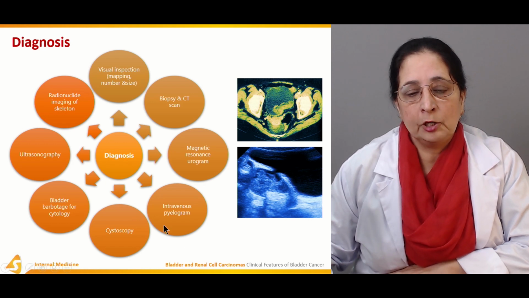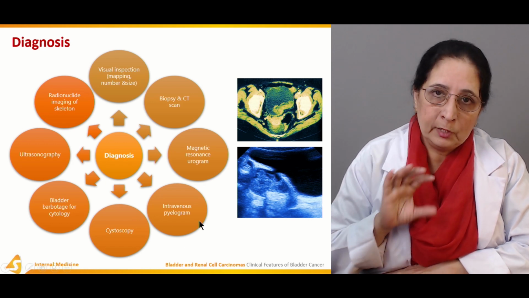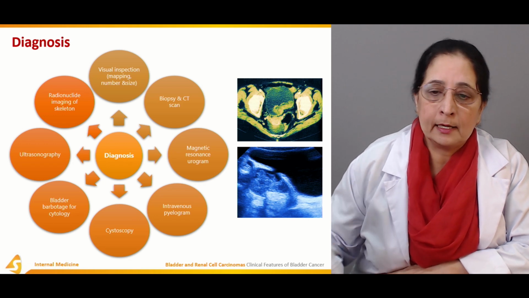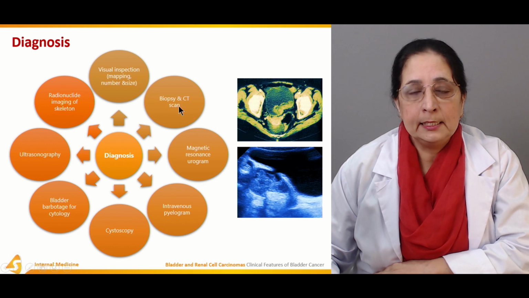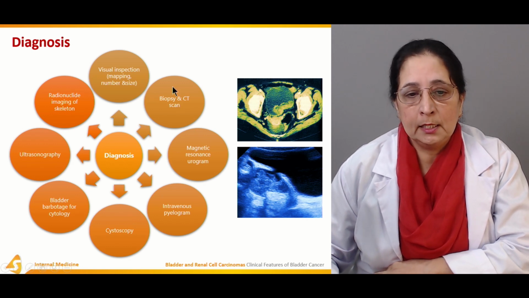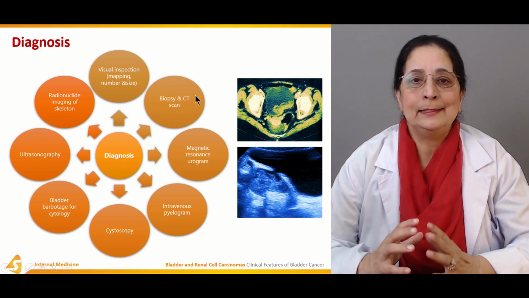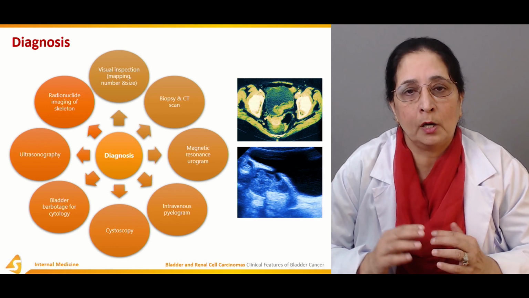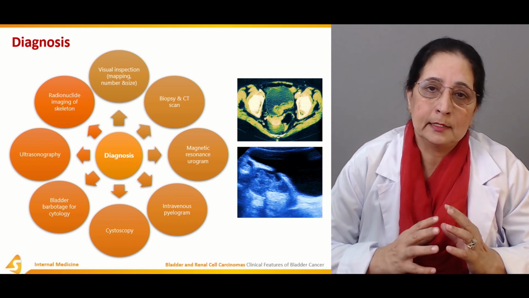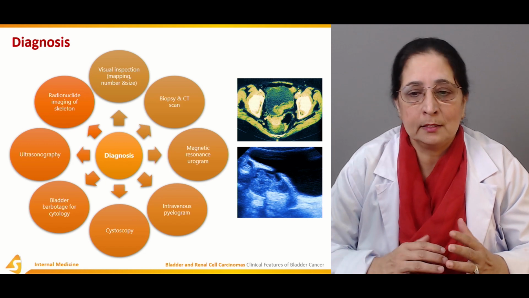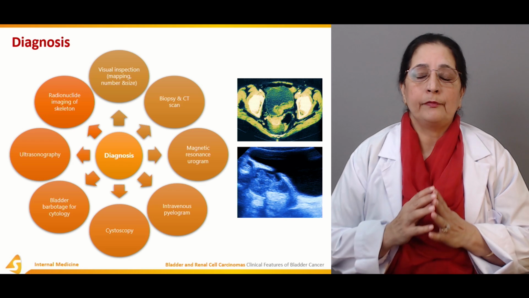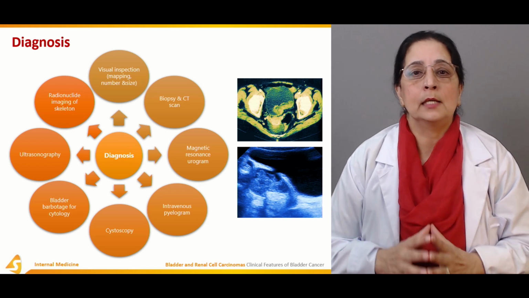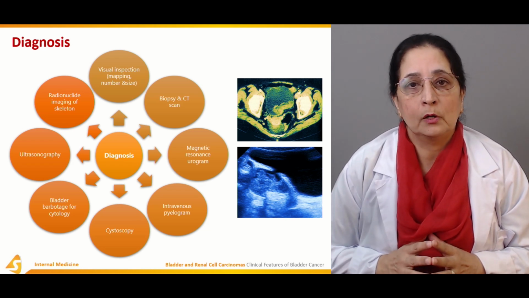IVP is intravenous pyelogram, in which dye is injected and the flow of the dye is followed. And then CT scan. Biopsy is always important for the diagnosis, to find out whether it is benign, malignant, or a non-cancerous cell growth. So all these are important diagnostic tests for carcinoma of the bladder.